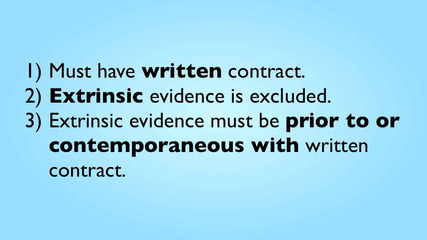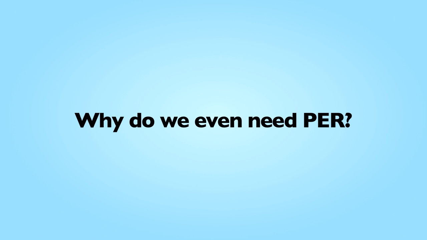The PER does not apply to conversations or writings that occur after the written contract is signed. Such later conversations or writings are considered possible modifications of the written contract, and the PER does not apply to later modifications.